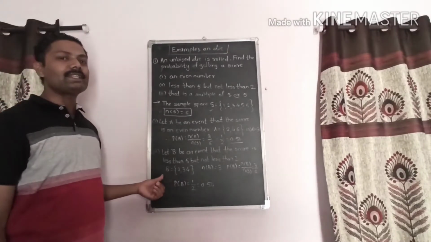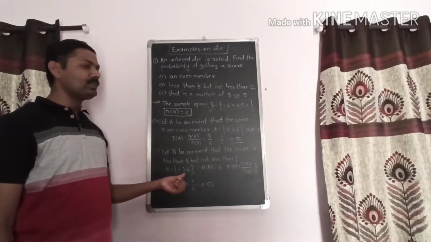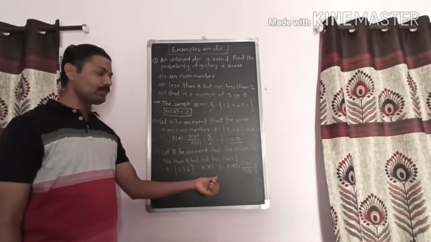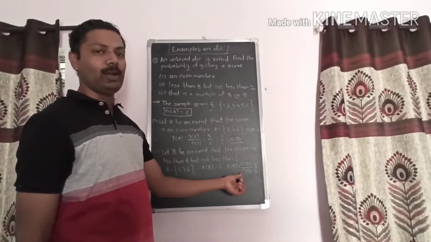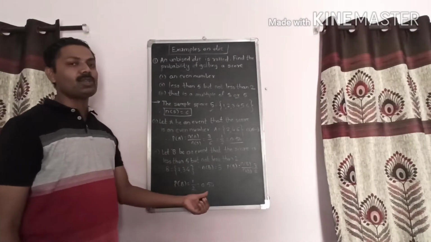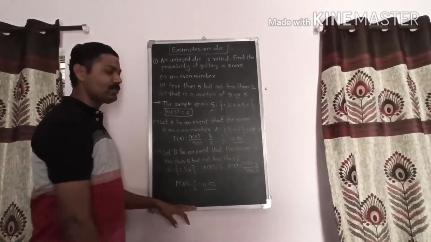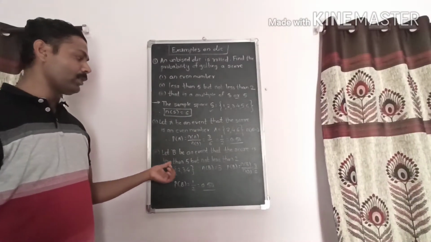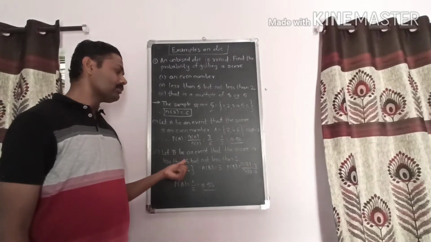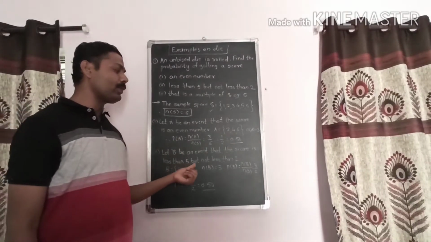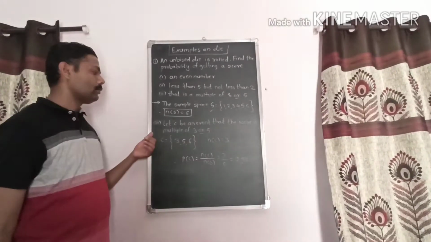It includes only 3 numbers 2, 3 and 4. So n of B is 3. P of B is n of B divided by n of S. It is 3 upon 6. So P of B is 0.50. So there is 50% possibility that the score is less than 5 but not less than 2.